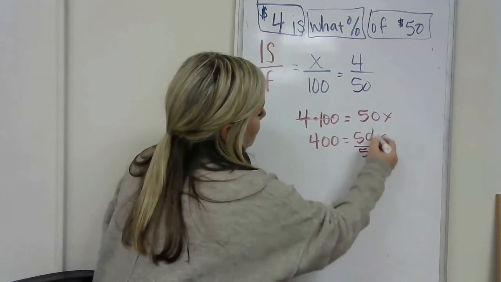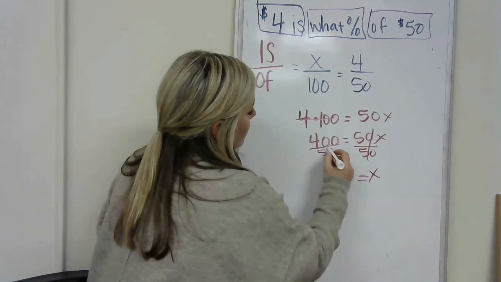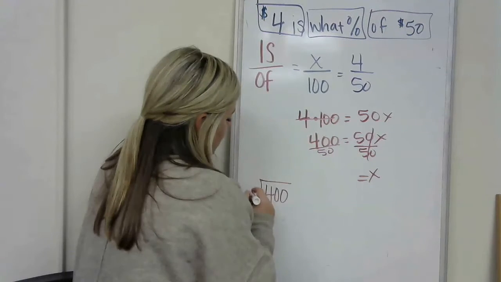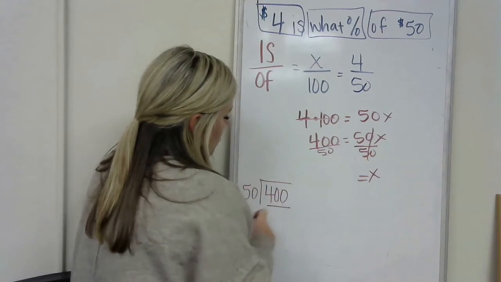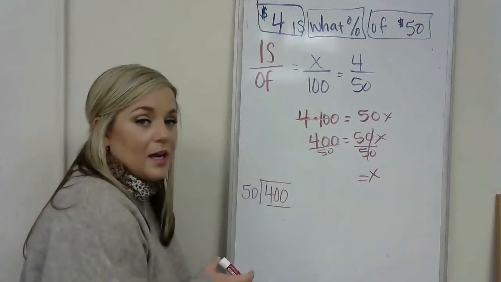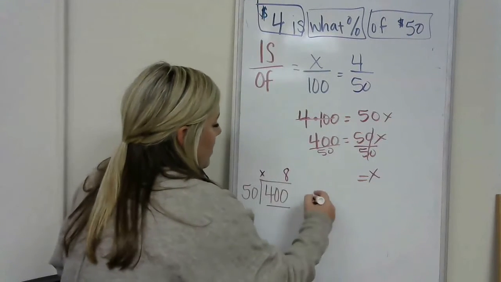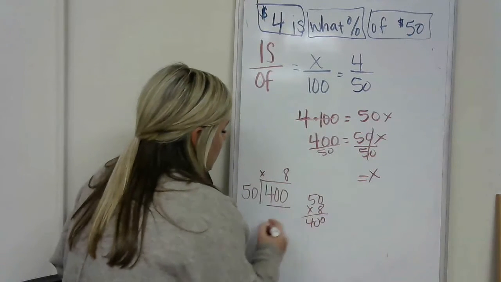So 50 divided by 50 is 1, and now we just have x. And now I'm going to divide by 50 over here. So I'm going to T-bow this. 400 goes in the division box. 50 goes out. 50 will not go into 40, but it will go into 400 probably 8 times. Pretty sure, because 8 times 5 is 40. Yup.